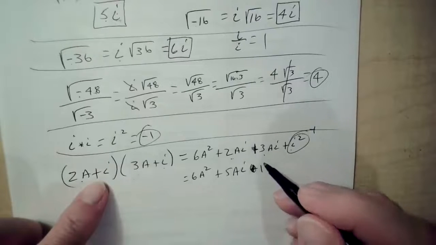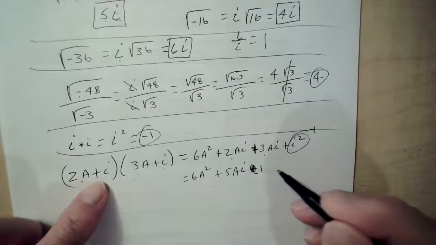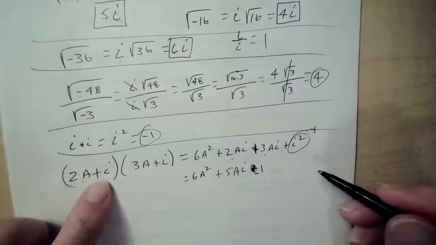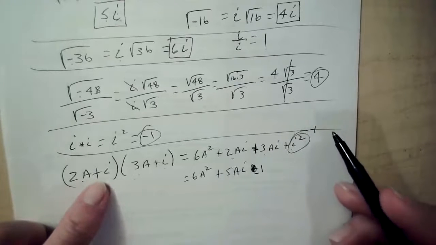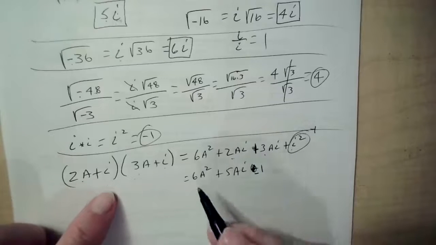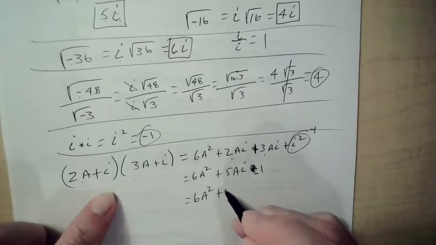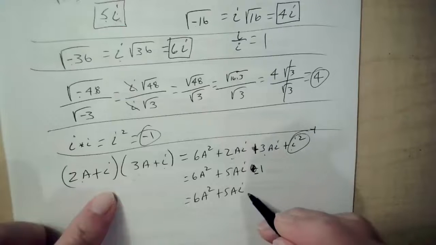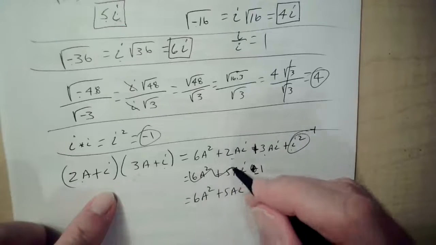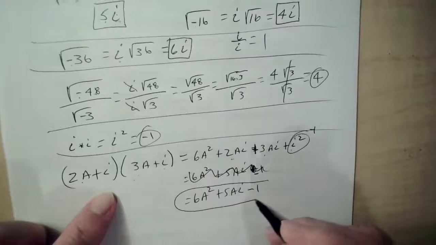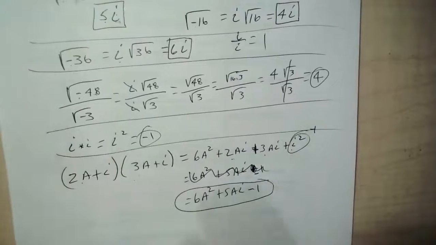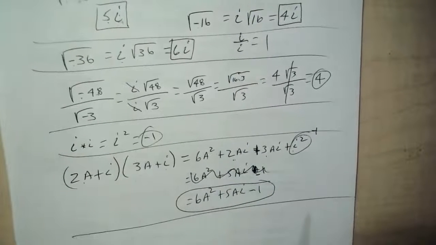Plus 1. Remember, i squared is... Oh, no, not plus 1. Stupid boy. -1. i squared is -1. So let me rewrite this. 6a squared plus 5ai minus 1.